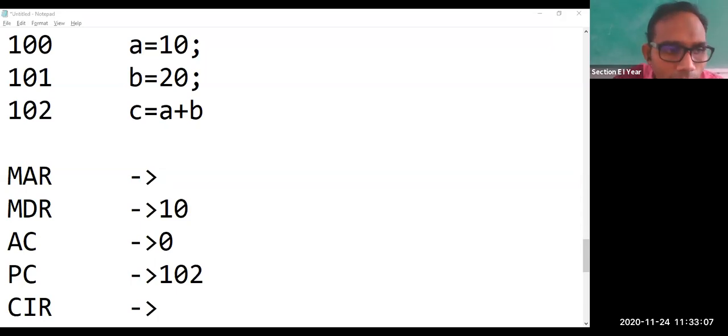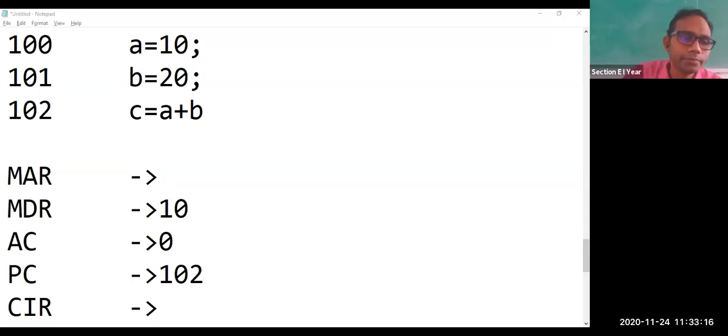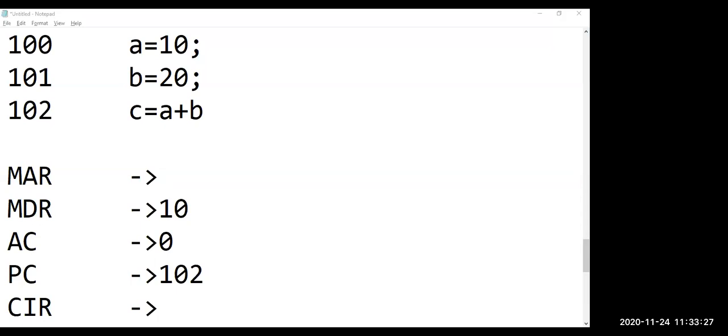Then accumulator, what will it be having? 10 will be lost. Now it will have value 20. Then program counter, what is the next instruction to be executed? 102. So we'll have 102 inside the program counter.